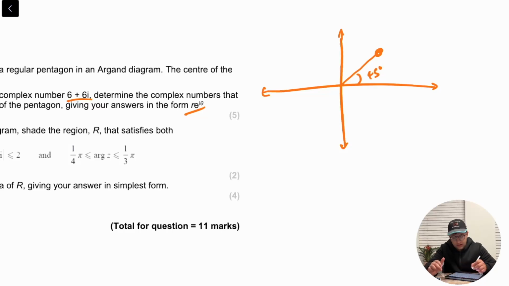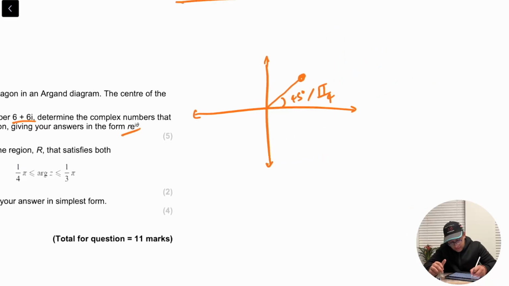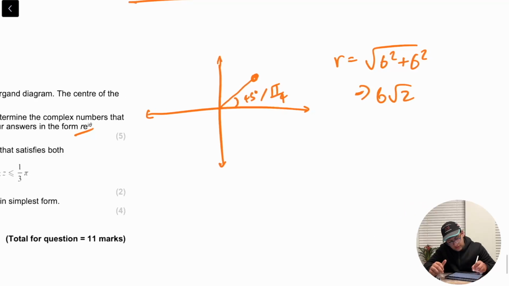It lies on the line x equals y, or pi by 4, which is the argument. And the modulus, r equals root of 6 squared plus 6 squared, which is just going to be 6 root 2.